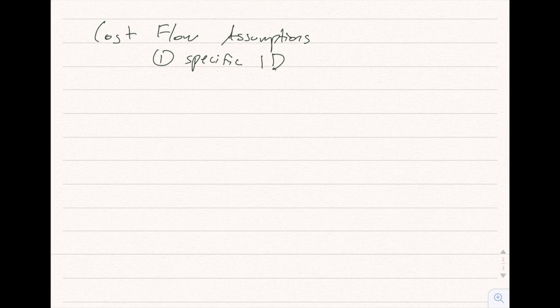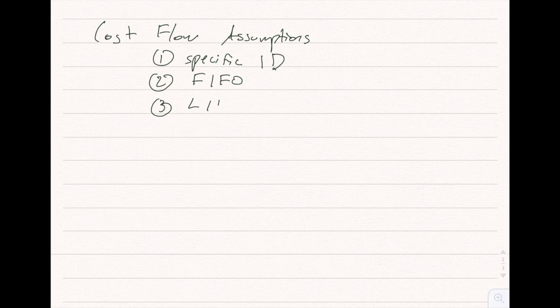So the last thing is what's called the cost flow assumptions. So what does this mean? There are 4 different cost flow assumptions. There is specific identification. There's FIFO, which is first in, first out.